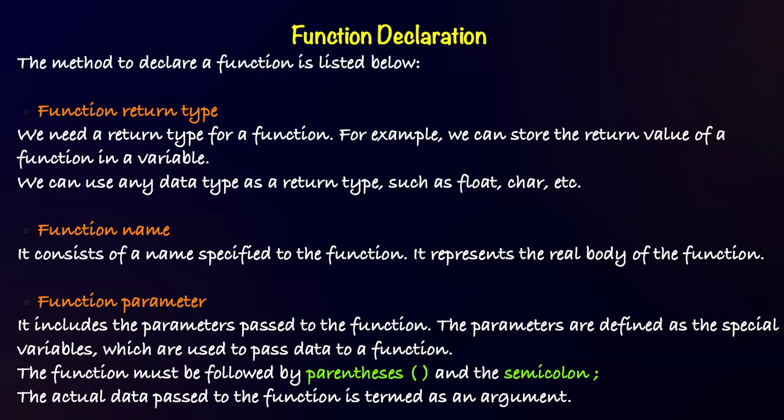If the function is not returning a value, we can use void as the function type. Then we can use any data type as a return type, such as float, char, etc. Char means character. This is our return type.